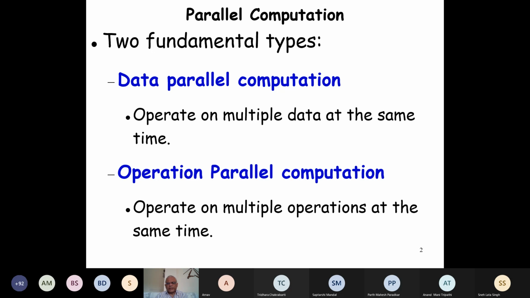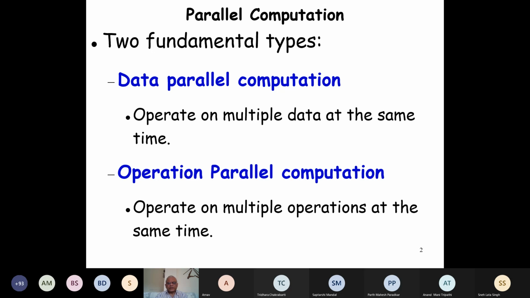Nowadays, it is rare to find a processor where parallel computation does not take place. And we had said towards the end of the last class that fundamentally there are two forms of parallel computation. One is called data parallel computation, and the other is operation parallel computation.